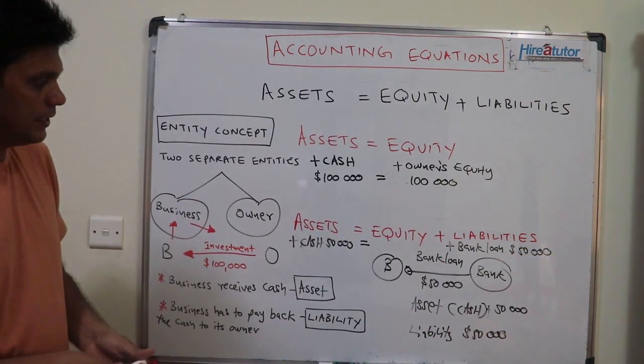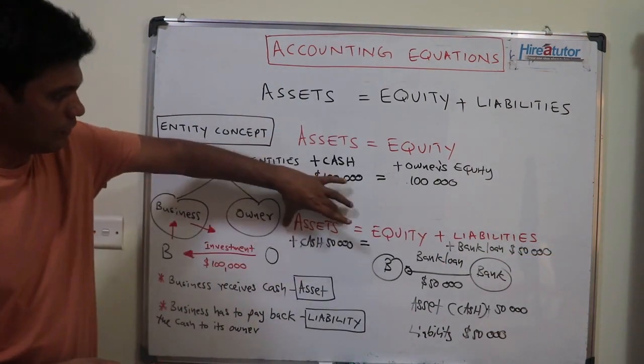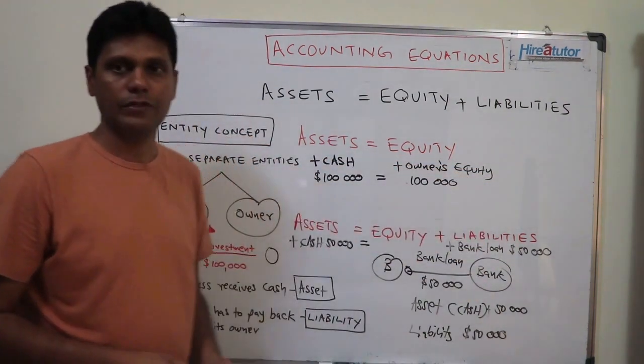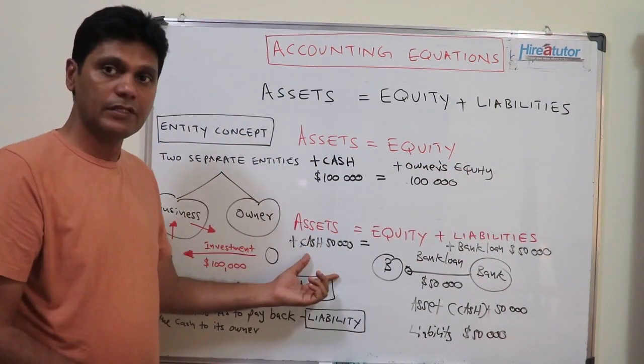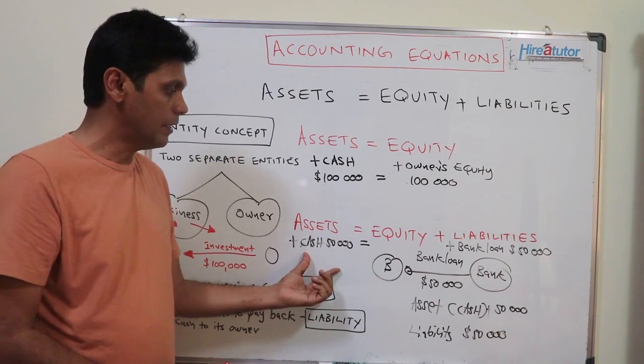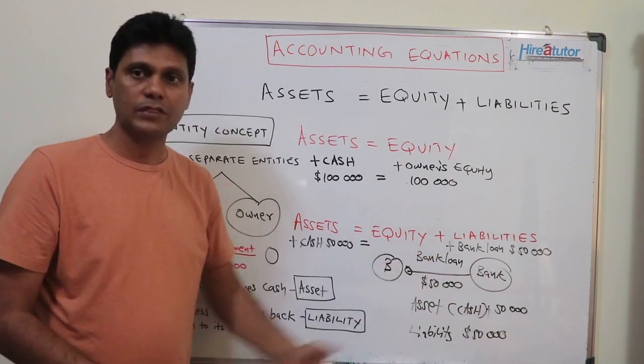So you can see assets 50,000 and liability 50,000. At any given time, your assets will be equal to equity plus liabilities.